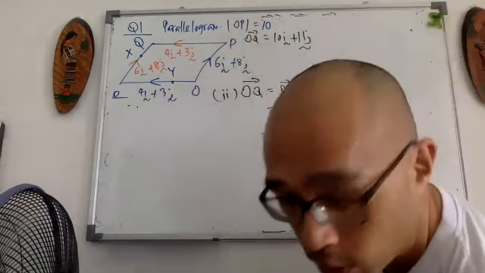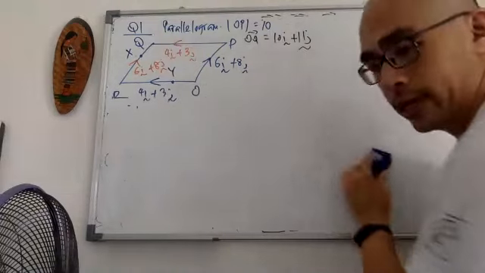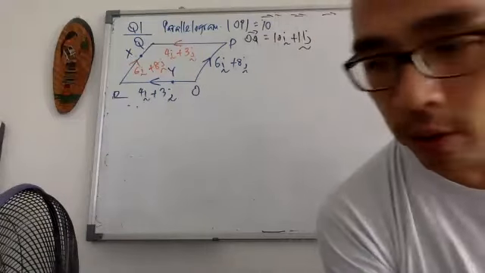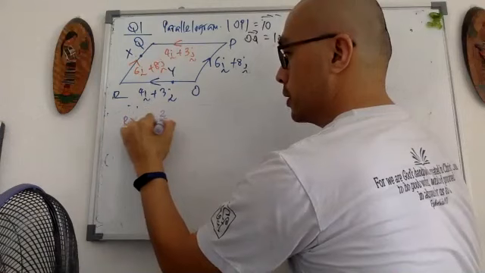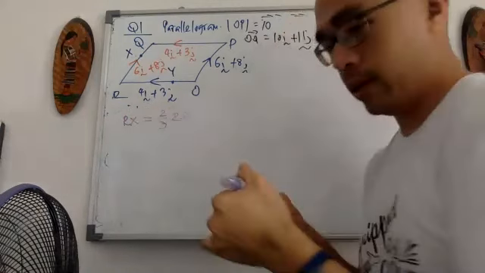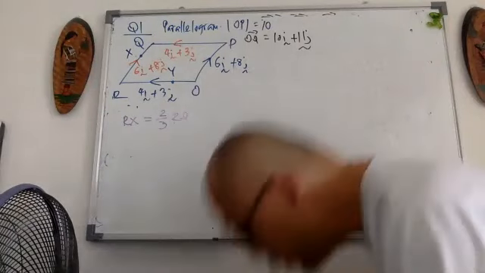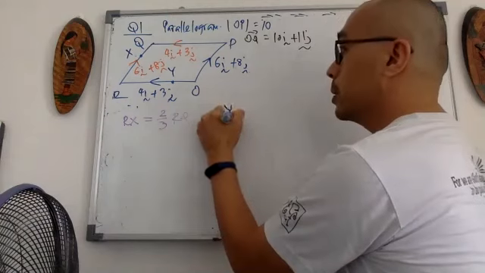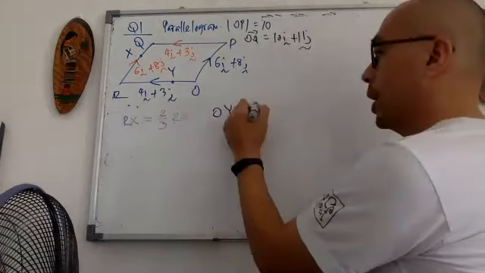Let's work with the ratios. We are told that Rx equals 2 over 3 RQ, and OY equals 1 over 3 OR.